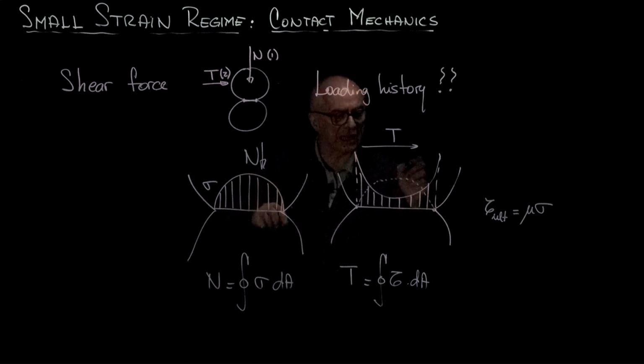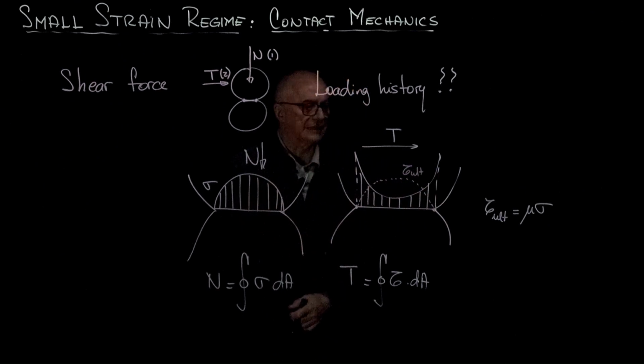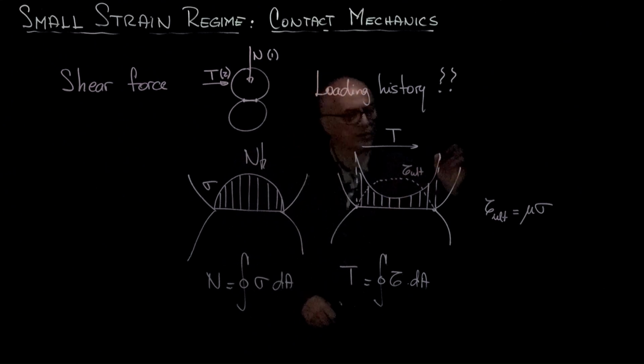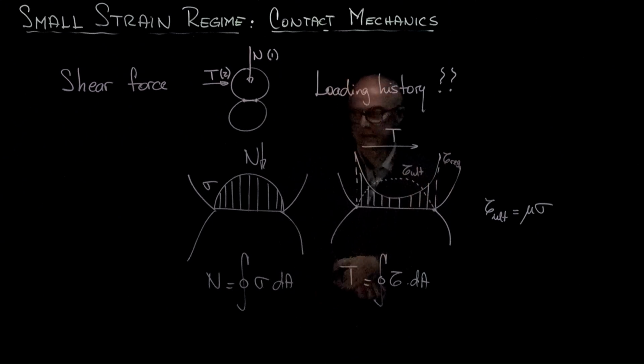This is the tau ultimate that the material can deliver. However, this one was the tau required. As you can see, we exceed the capacity of the frictional contact. We exceed it, and so the contact cannot deliver that amount of shear.